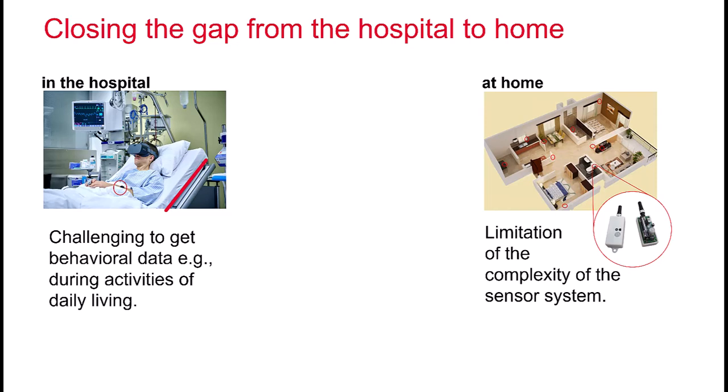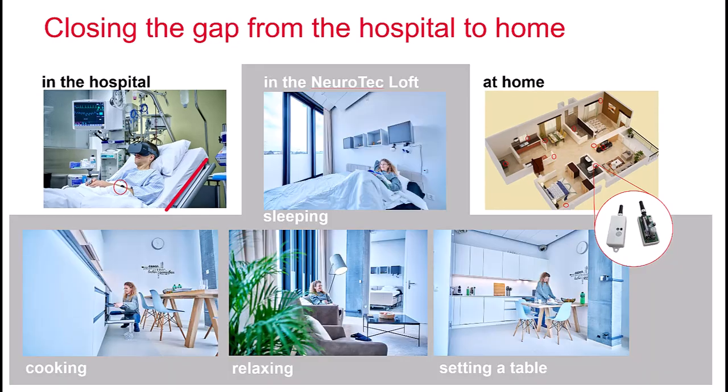And in the hospital, where we typically have a large number of sensors, we are facing the problem that our patients don't behave as they would behave in normal life. That's why we have implemented here at the Inselspital the Neurotech Loft.